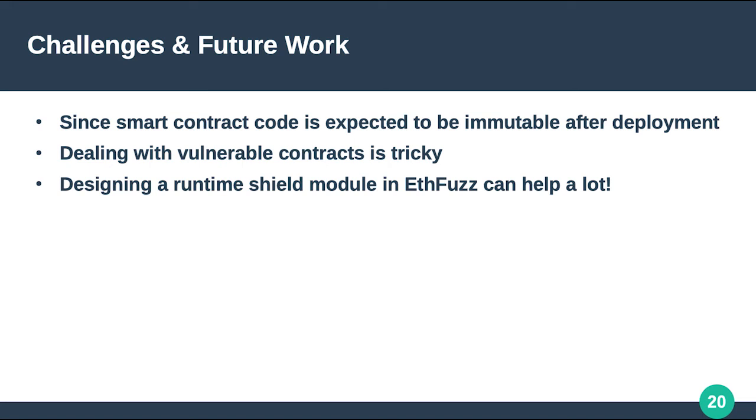However, it seems that designing a runtime shield module in ETH-FAS in the future can help not only to protect vulnerable contracts against various runtime attacks, but also provide a layer of protection for general smart contracts in order to detect and report potential cyber attacks.